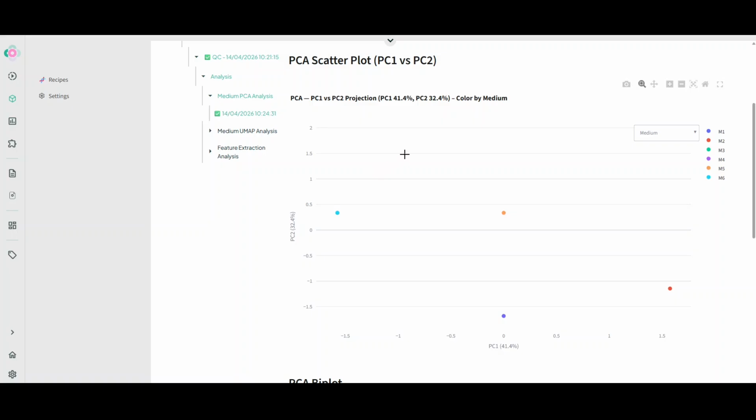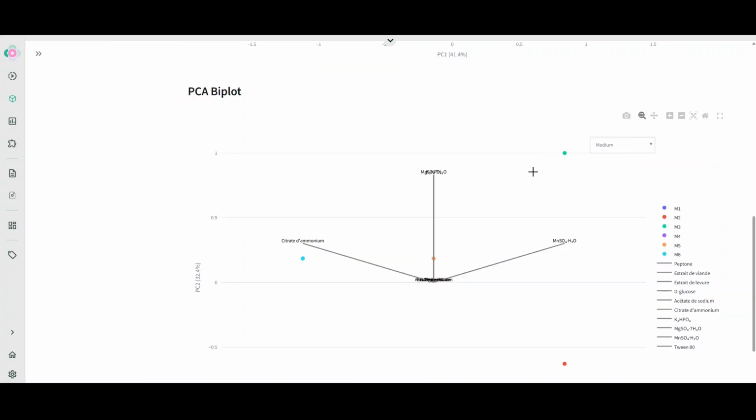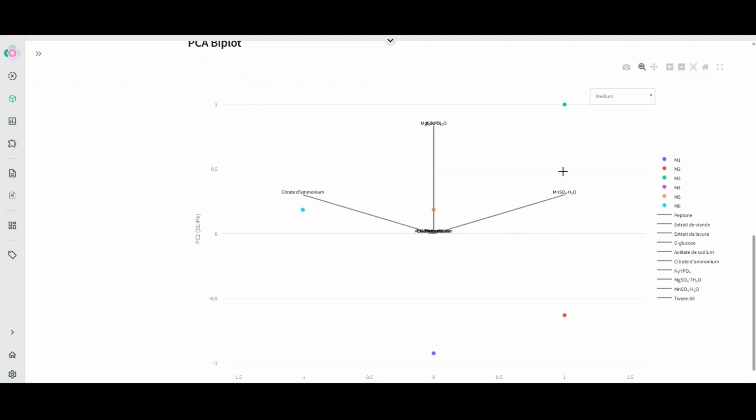The first analysis is Medium PCA, a principal component analysis on the medium composition alone before looking at any growth data. The PCA scatter plot shows the 6 media projected into 2 principal components. The first component, PC1, captures most of the variance. The biplot immediately tells us which nutrients are driving the difference between media and in which direction.